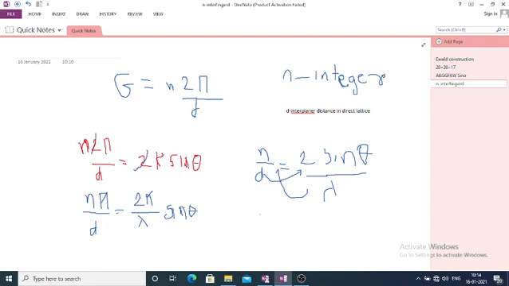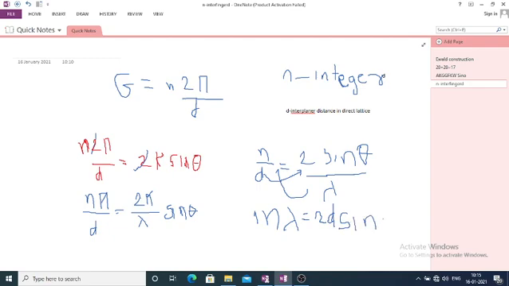So shifting this to this side and this to this side, we get n lambda is equal to twice d sin theta.